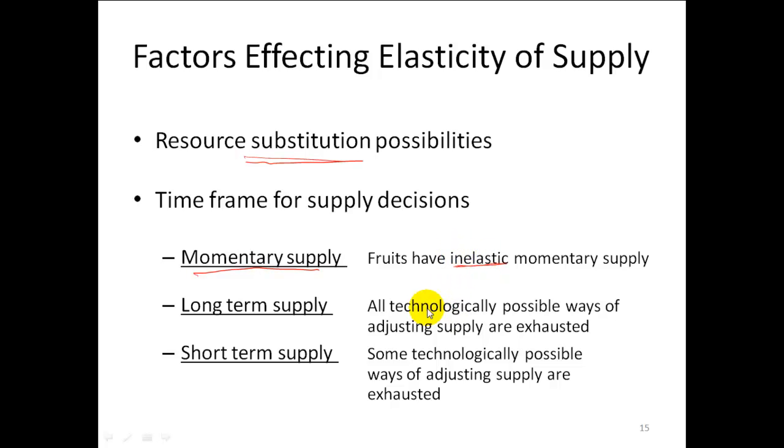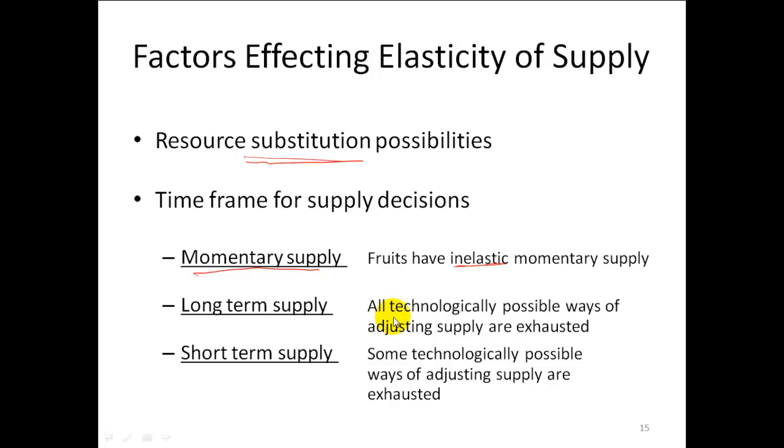Contrast that with the longer term. Let's say it takes about 7 years to grow new orange orchards and substantially increase the supply. So clearly, if the demand for oranges has increased substantially, then in the longer term the supply can also increase a lot. So in the longer term the elasticity of supply is much more, and strictly speaking the definition of long term is any period where all possible ways of adjusting the supply are exhausted. In my orange example, if it takes 7 years for a new orchard to be producing oranges, then long term in the context of oranges becomes 7 years.